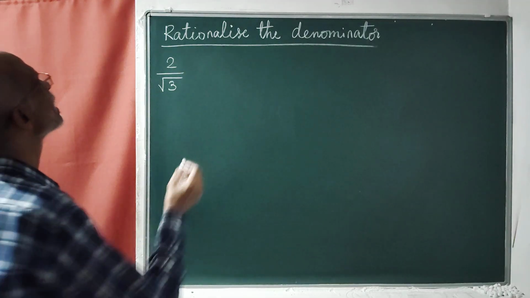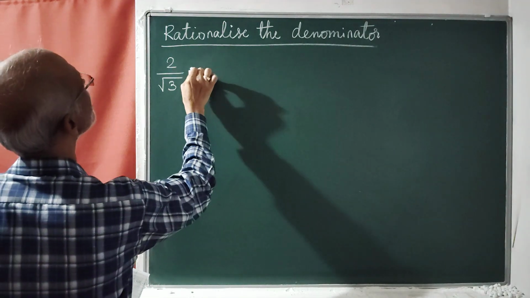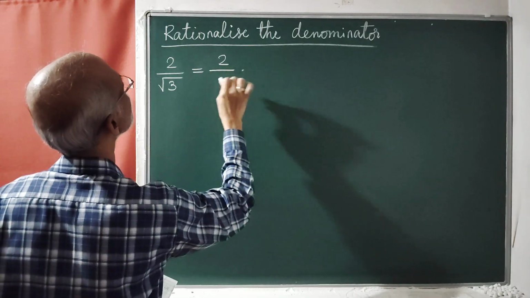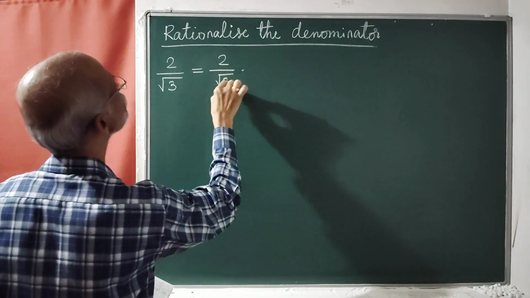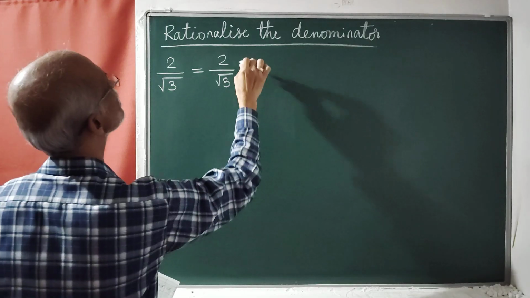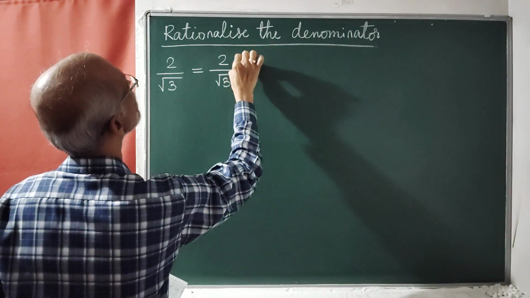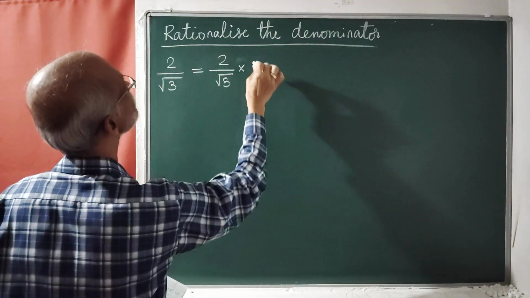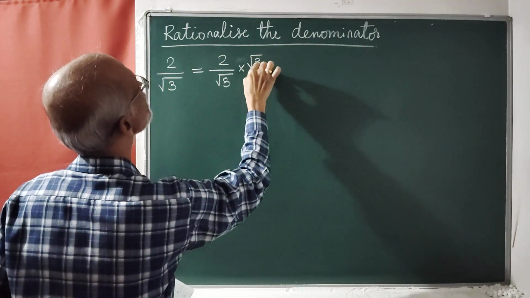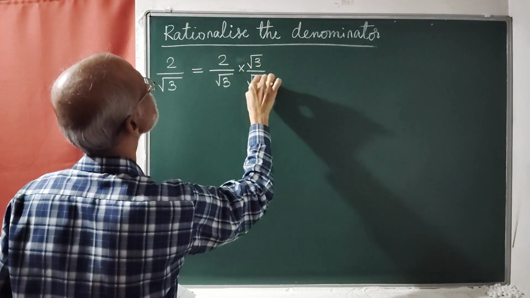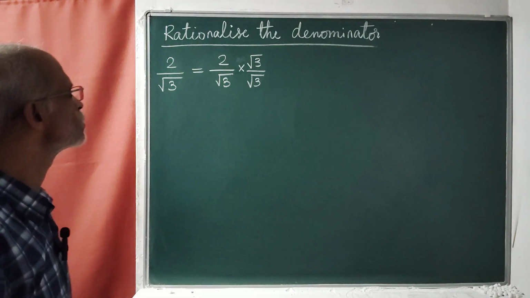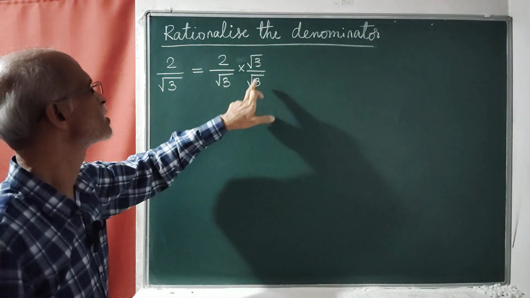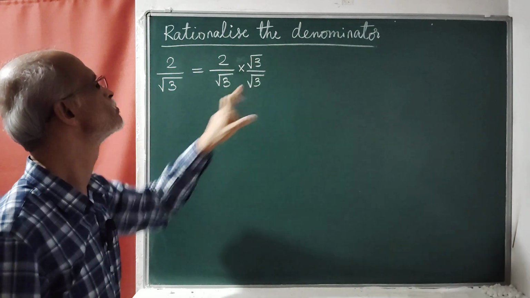So what can I do? To remove this root, I will multiply the fraction by root 3 into root 3. Whatever is under the root, the same thing we should multiply, top and bottom.